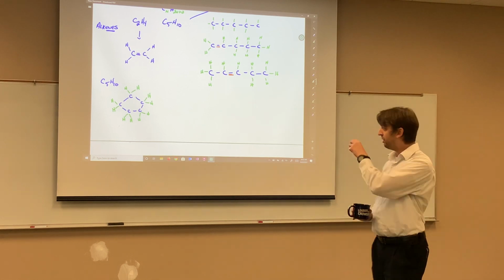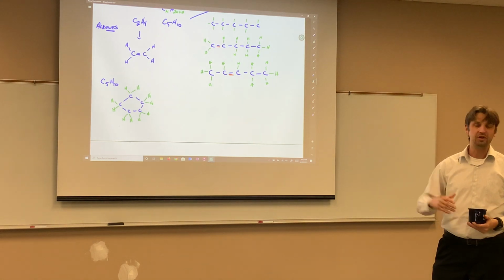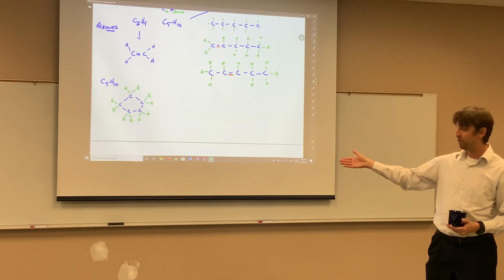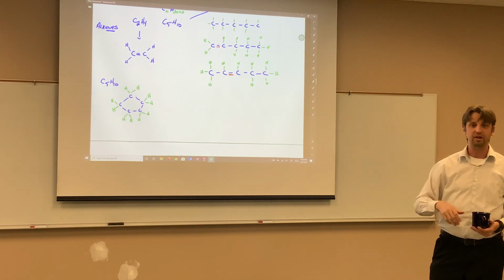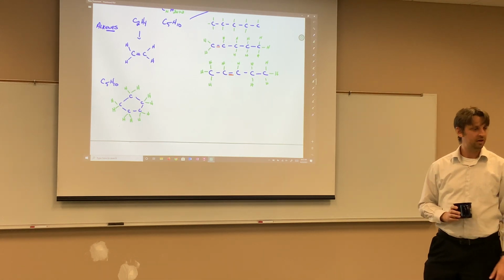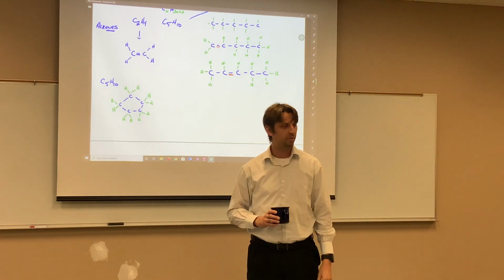A ring is also hydrogen deficient. We do have the maximum hydrogens we can put around there, but because we make a ring, we have to get rid of 2 of those hydrogens. So be careful, alkenes and cycloalkanes have the same formula.